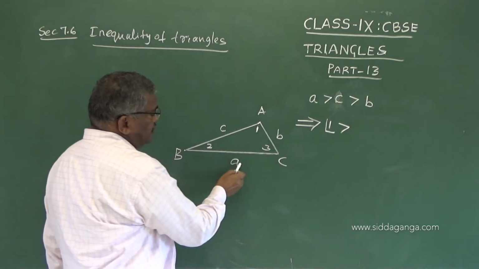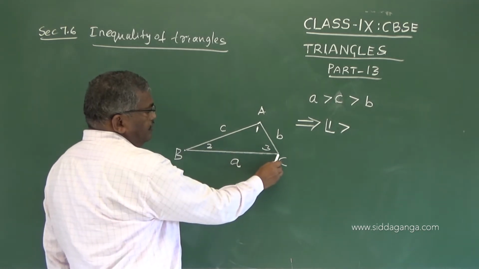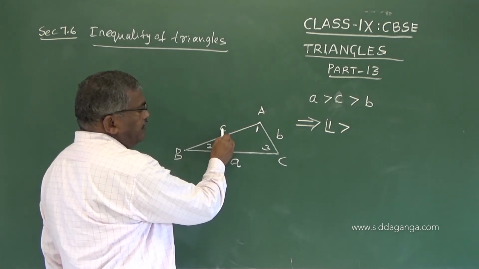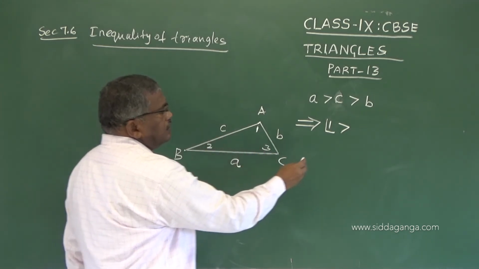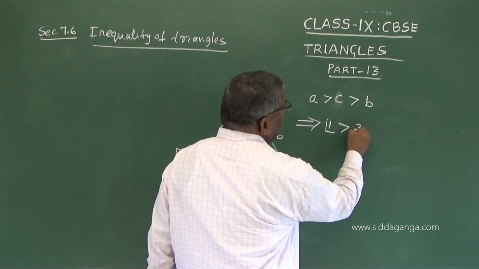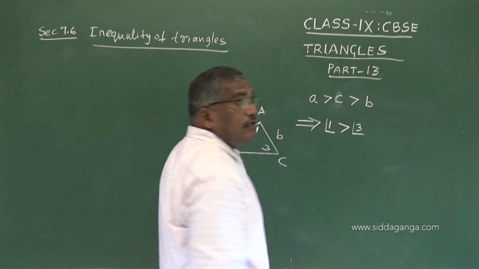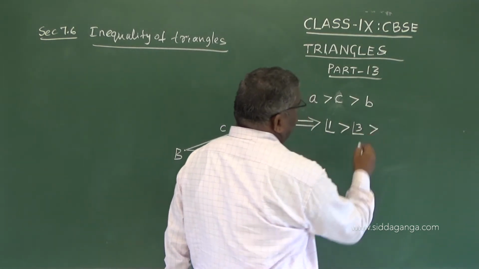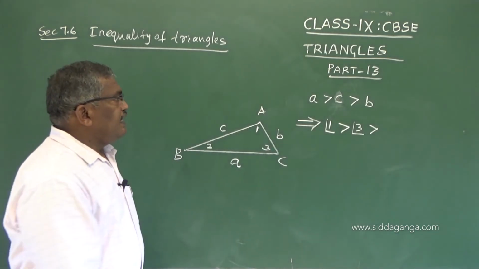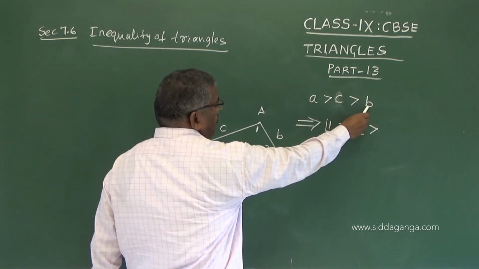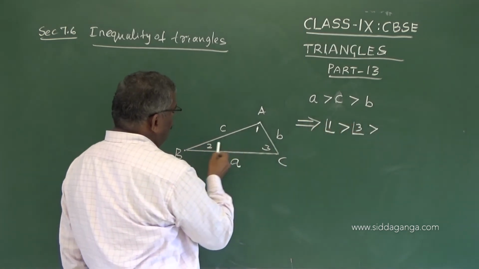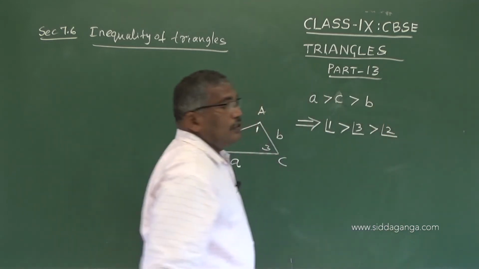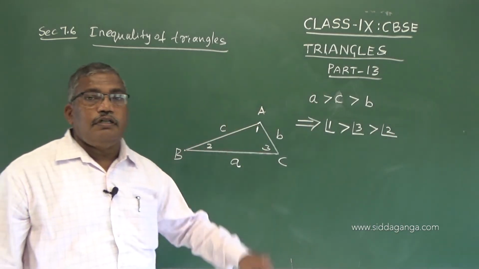Next, side BC is the largest, and next to that is AB, that is small c, whose opposite angle is C, so angle 3. Next, the smallest side is b in the triangle, so the smallest angle is angle 2. So this relation we have to understand.